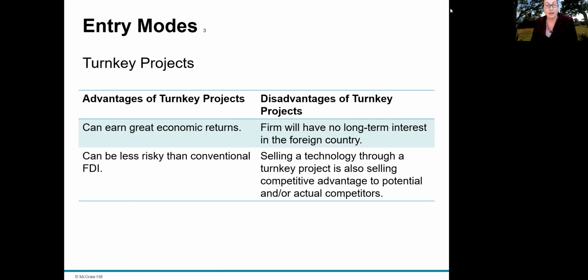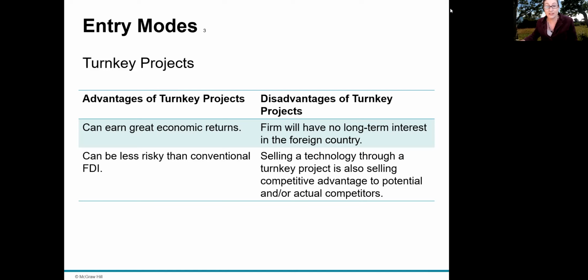So if we back up a step, turnkey projects are when you have called for a contractor to establish, for example, a manufacturing plant for your organization or your product in a foreign country. So you're employing or contracting another organization to develop the project in the foreign market, and then they hand you the key for a fee.